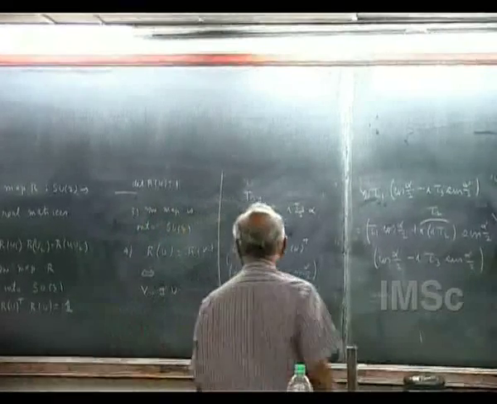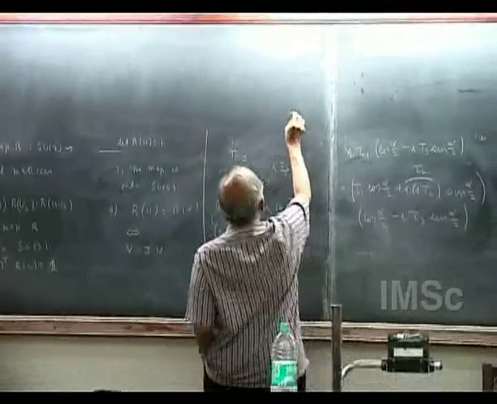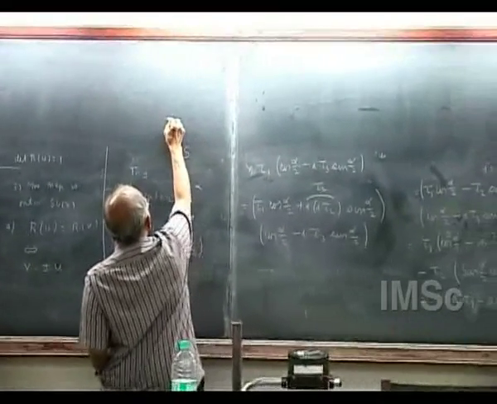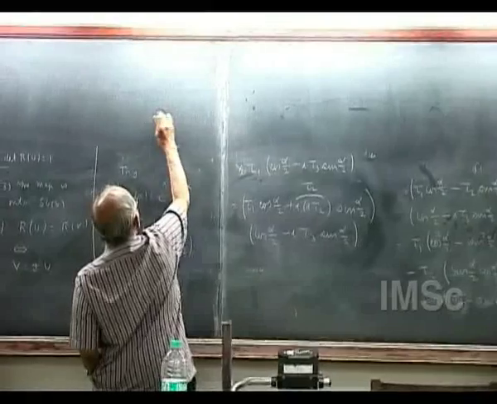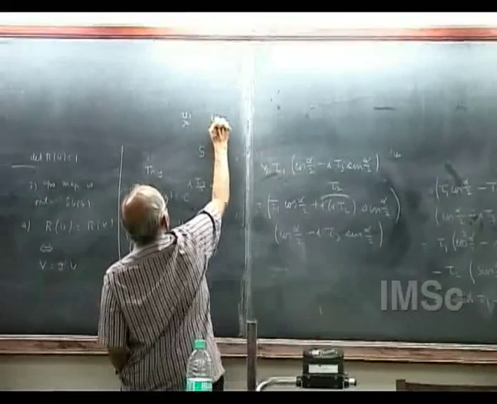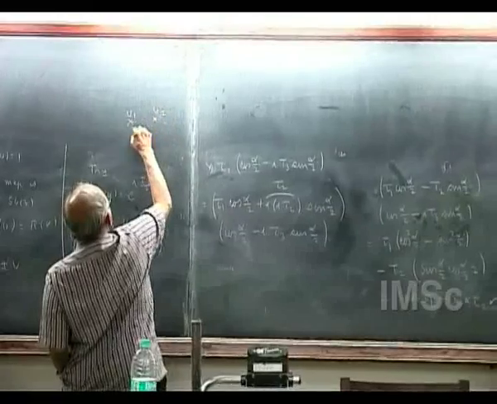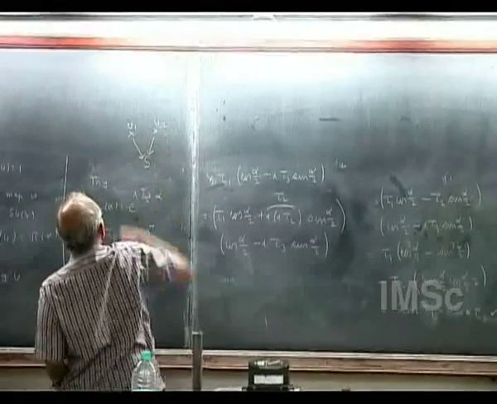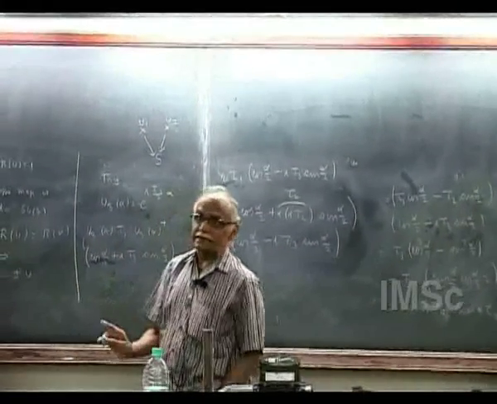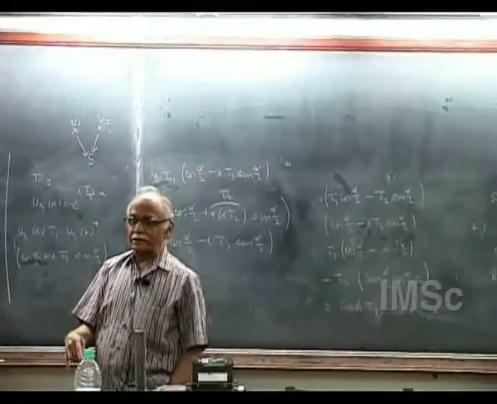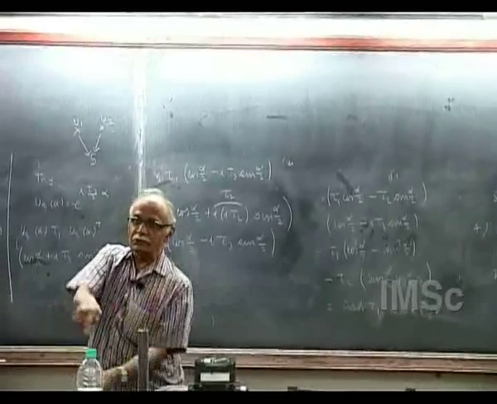So what you have got here is, for every rotation, which I called S, you have two U's, U1 and U2. Both give you the same rotation. They differ by a sign. Okay. You can say they differ by a sign, but can you fix one of them uniquely? No, you cannot.